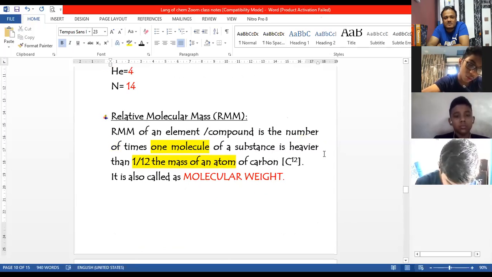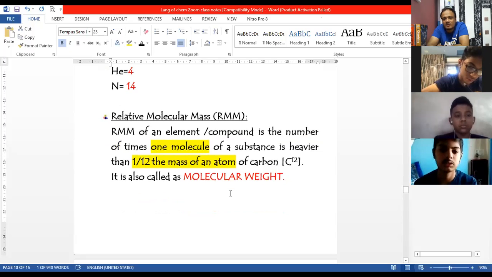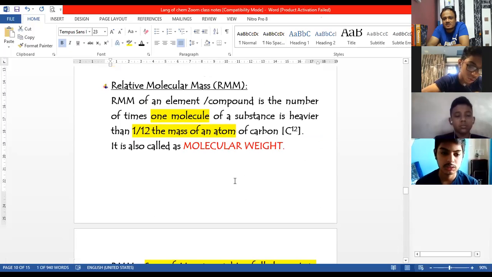It is the number of times one molecule of a substance is heavier than 1/12 the mass of an atom of carbon. If I take the example of hydrogen, that molecule contains 2 atoms of hydrogen. So we'll take the atomic mass of one hydrogen, multiply it by 2, and that will give you the RMM of hydrogen. That will be 1 into 2, that is 2. Similarly, if I have a compound which has multiple elements, we will add all the atomic weights of those elements and find the answer.